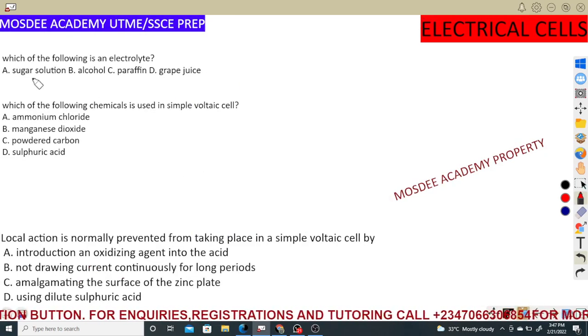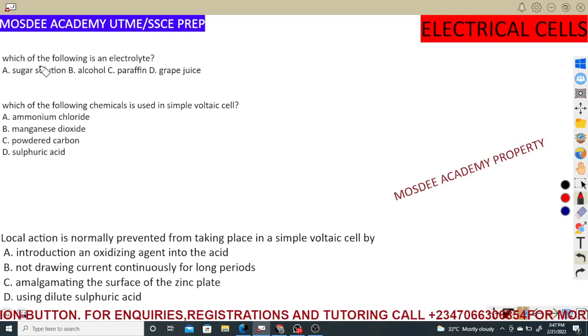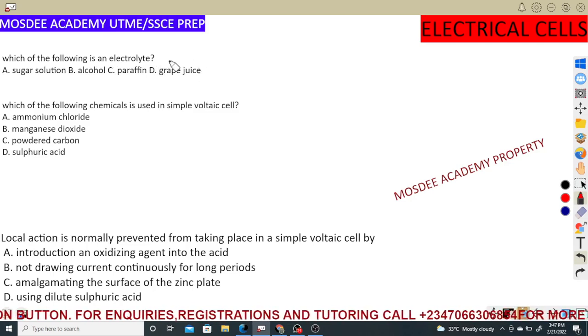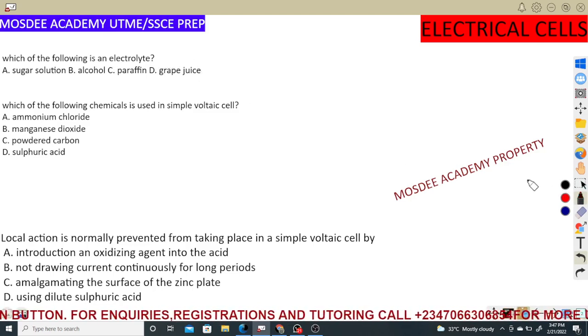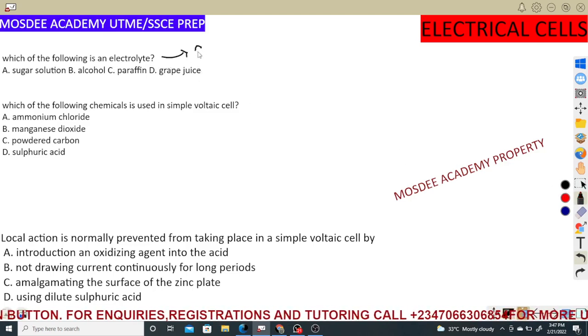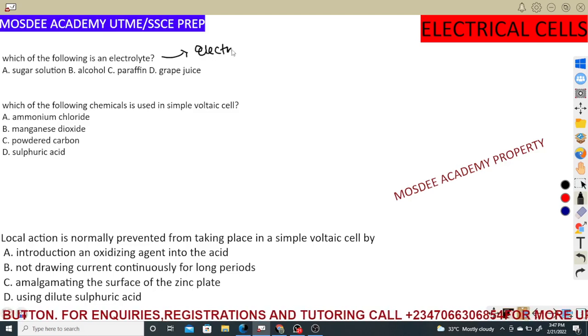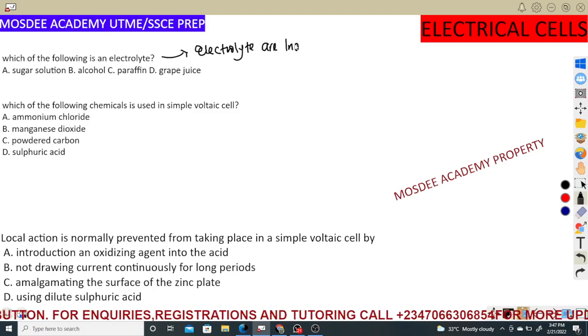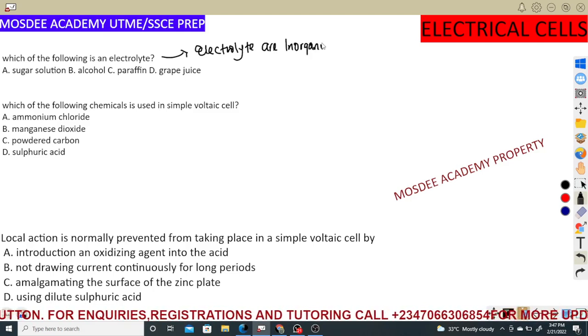Now, on the next slide, we have a double-fold question in one. The first one says, which of the following is an electrolyte? Let it be known, chemistry students, electrolytes are inorganic substances.